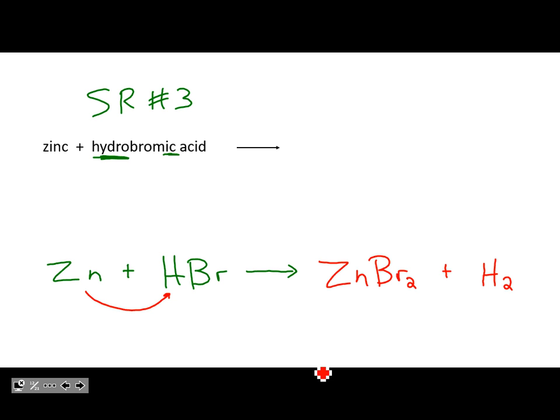When we release the hydrogen gas, make sure you have that being a super 7, because hydrogen, again, is diatomic. So when I have done this, single replacement number 3, I can see that I need to do some balancing. And if I put a 2 in front of there, I have balanced my equation.